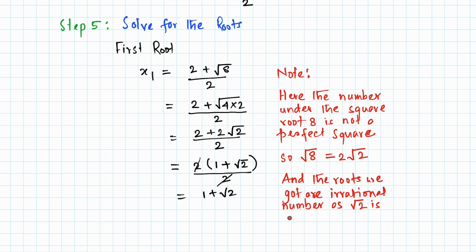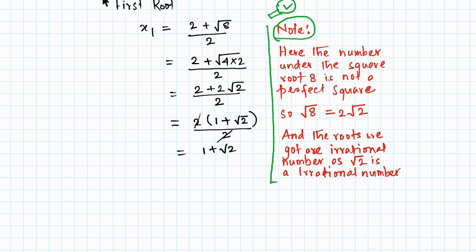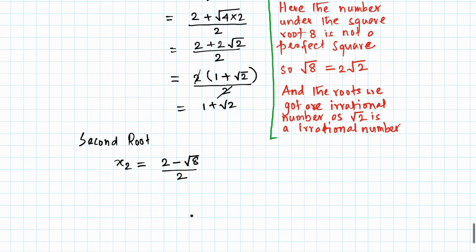The roots which we got are irrational numbers, as root 2 is an irrational number. So the roots here are real, but they are not rational numbers, they are irrational numbers.